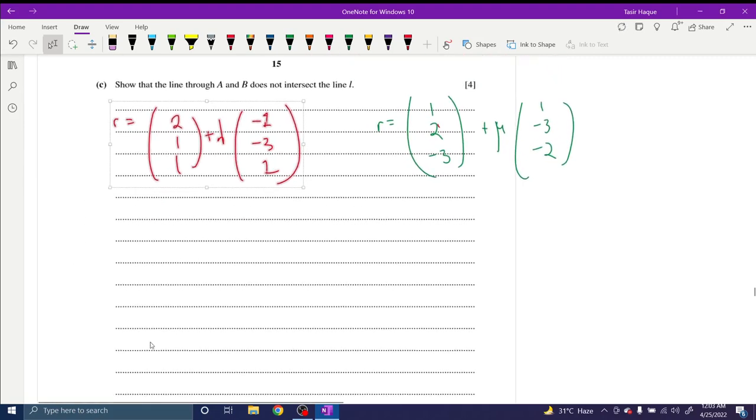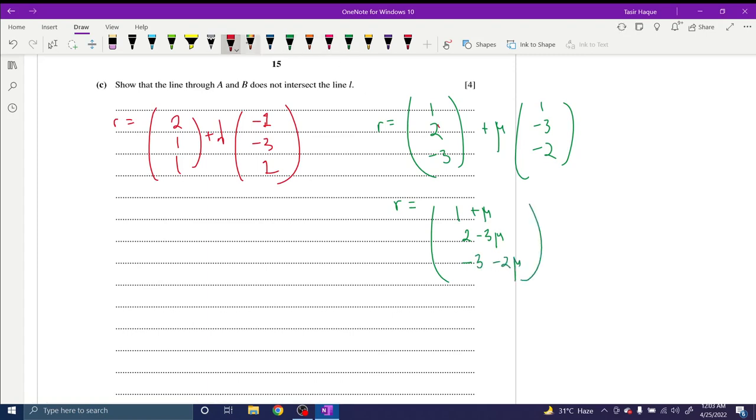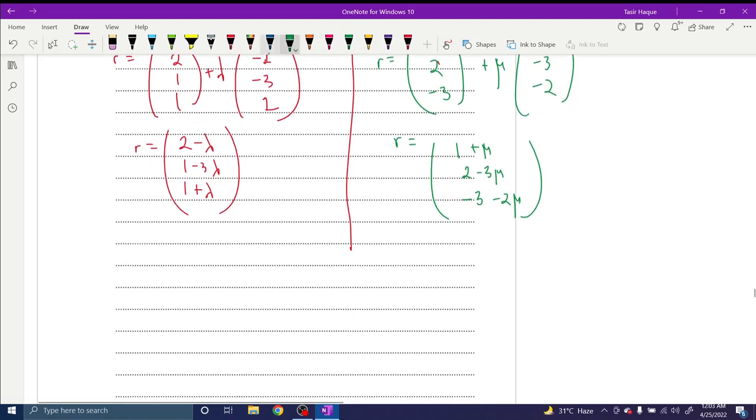So let's simplify these. R is equal to (1 plus mu, 2 - 3 mu, -3 - 2 mu), right? What about this one? R is equal to (2 minus lambda, 1 - 3 lambda, 1 plus lambda). Okay, so let's just equate two of them. I'm just choosing the first two. Okay, that's fine, you can choose any one.